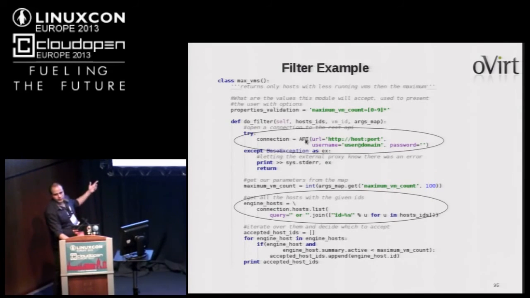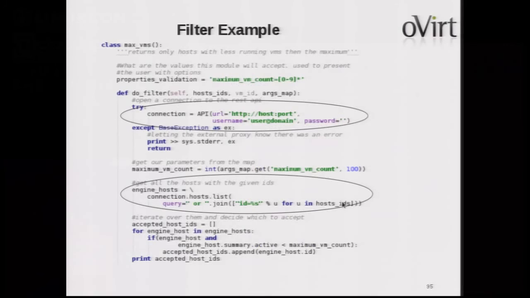Like we saw earlier in the SDK section, I construct a connection to the API, giving the username, the password, and the URL. And we query for the hosts. Again, we go to the hosts collection, asking to list hosts, and to choose only hosts with an ID from the host IDs I got as an input.